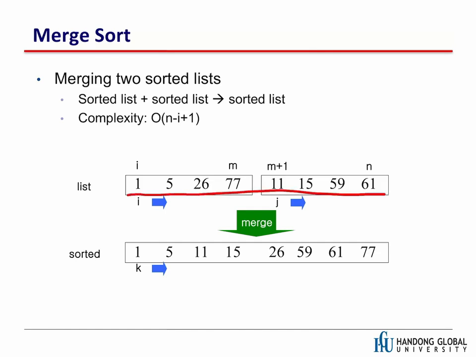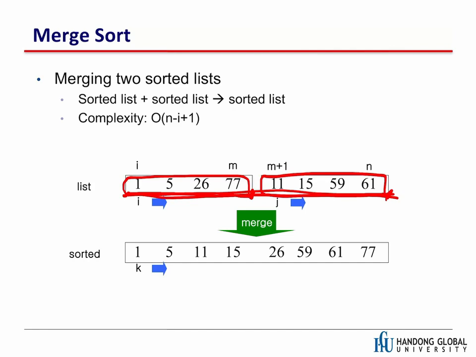We have one list basically, but this list is composed of two sublists, and one is sorted and the other one is sorted. But when we look at this as one list, it is not sorted. When we look at the sublists separately, they are sorted. Then what should we do?